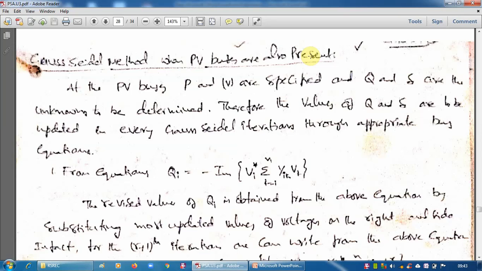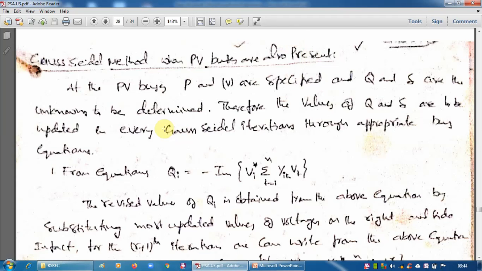We have already seen in the introduction that when we encounter a PV bus, we need to first of all calculate Q. As we know that at PV bus, Q and delta are to be determined. So, first we determine Q, that is reactive power. And by using this Q, we calculate delta, that is bus voltage angle, by using the voltage equation of the previous one. So, that is the process.